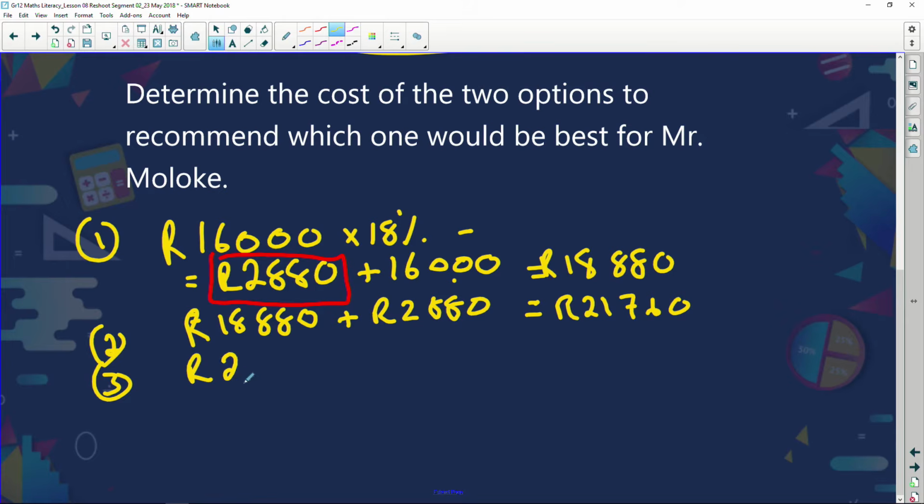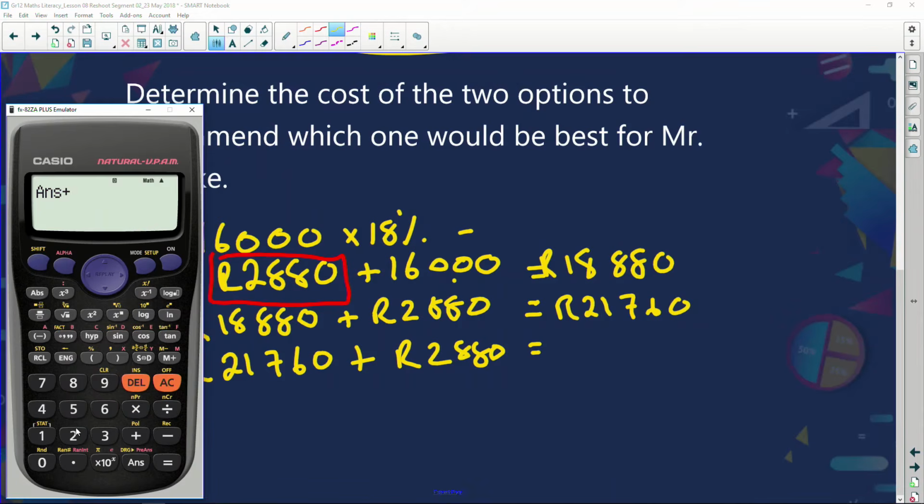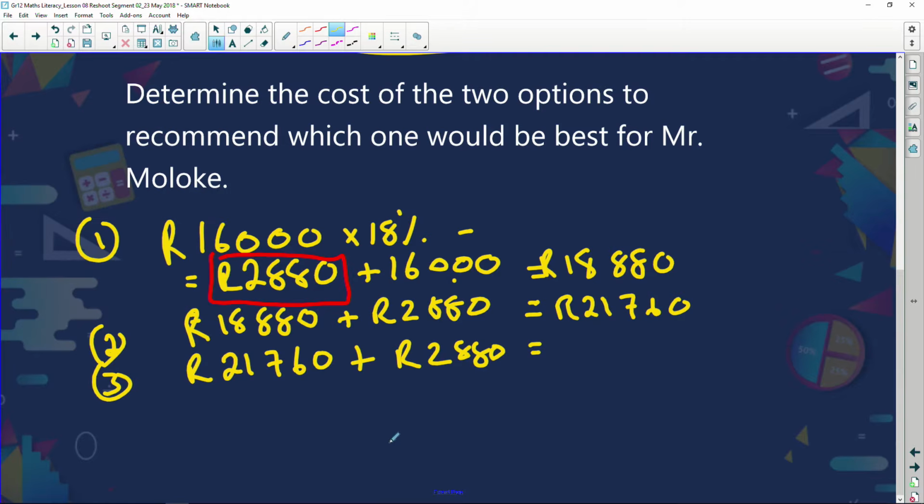Year 3 comes along. We owe 21,760 Rand plus another 2,880 Rand. Again, same interest because the interest is calculated on the amount that I borrowed. So all we're going to do is add another 2,880 Rand, and we're now getting 24,640 Rand.